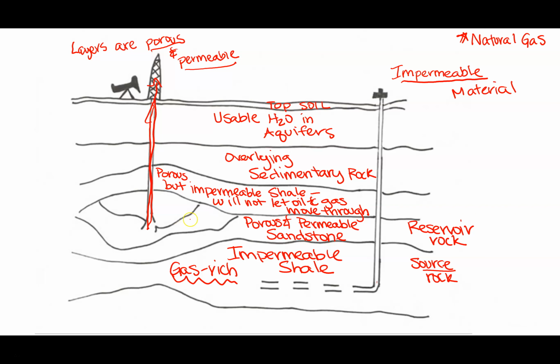All right. This is a layer of oil. Right here. And this is a layer of natural gas. So these two layers right here are inside this reservoir rock. All right.